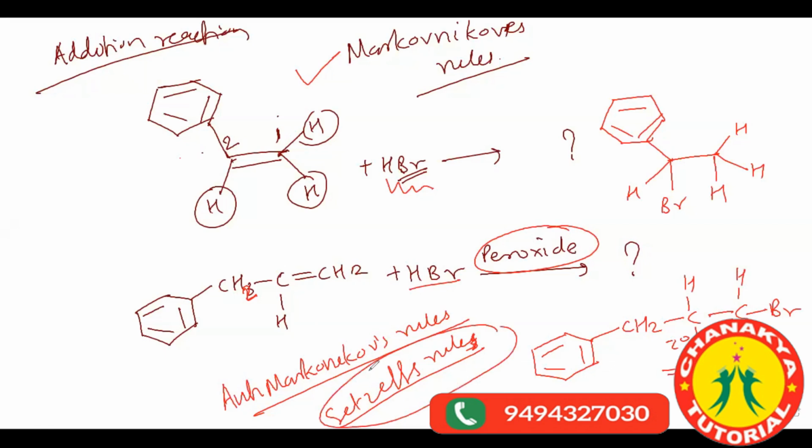In Markovnikov's rule, what happened? Your halogen preferred to go to the more substituted carbon at the secondary position. And when you use a peroxide, it will go to the less substituted carbon, and you will get the primary product as the major product. And in Markovnikov's rule, you will get the more substituted product as the major product.